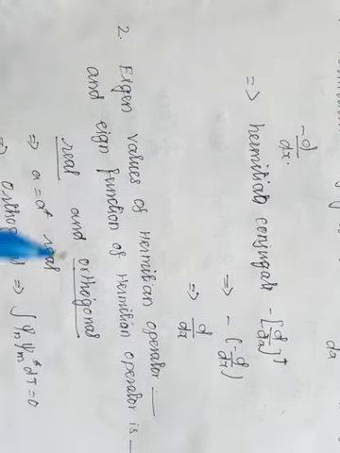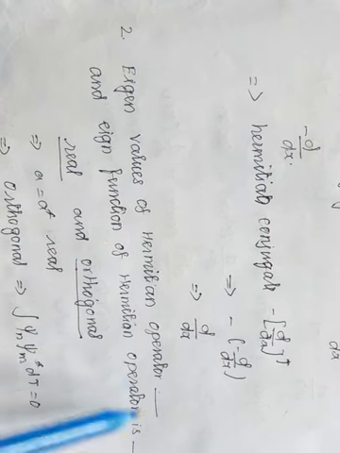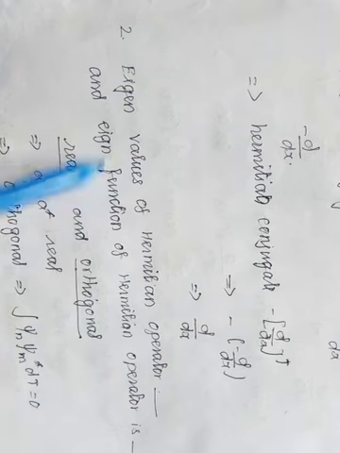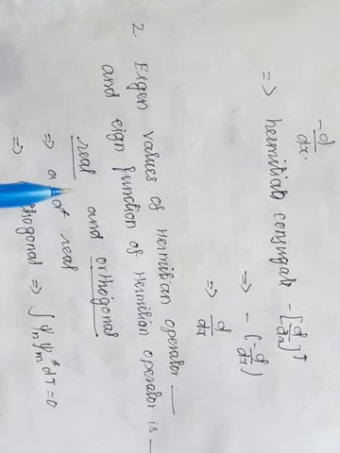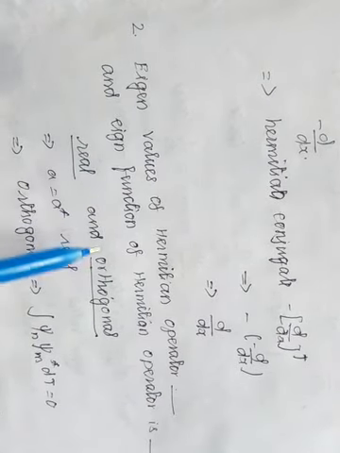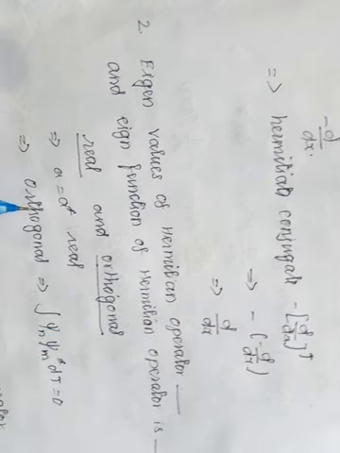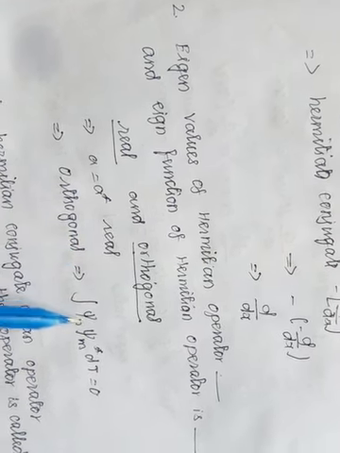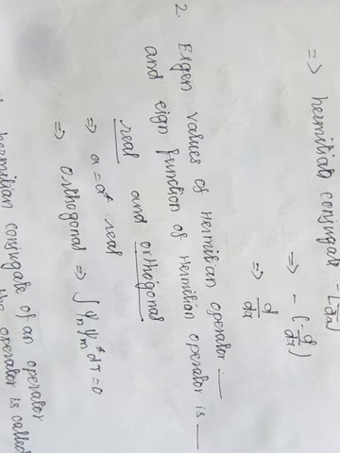Now the next question, eigenvalues of Hermitian operators are dash and eigenfunctions of Hermitian operator is. These are the properties of the Hermitian operators. Eigenvalues of the Hermitian operators are real and the eigenfunctions of the Hermitian operators are orthogonal. So that is A is equal to A star, they are real. If it is orthogonal, integral of psi n and psi n star dt will become 0.